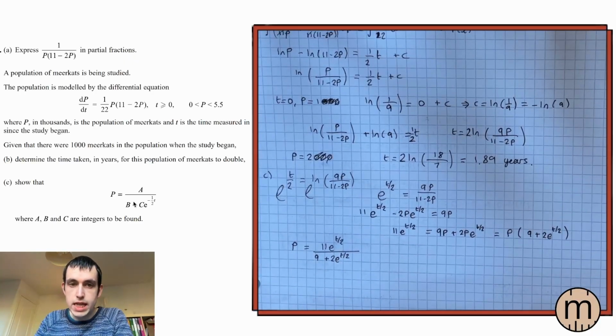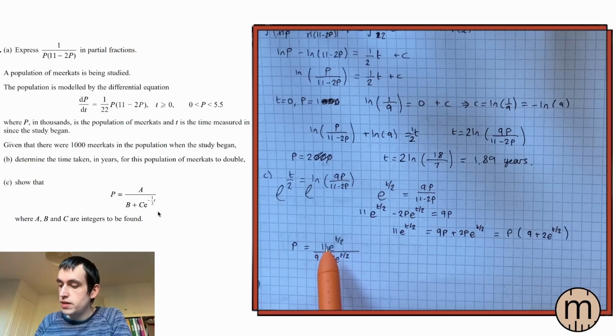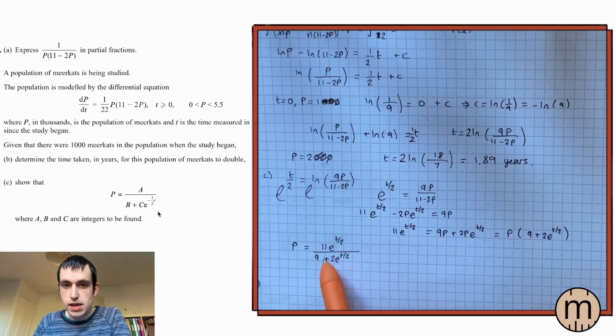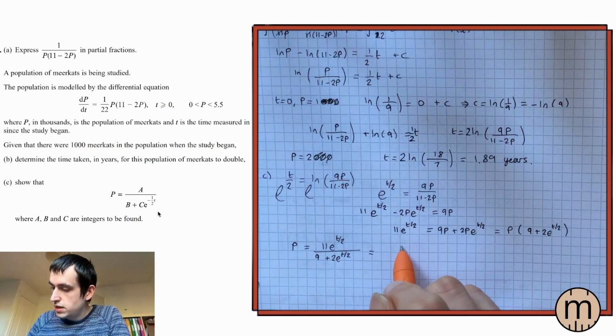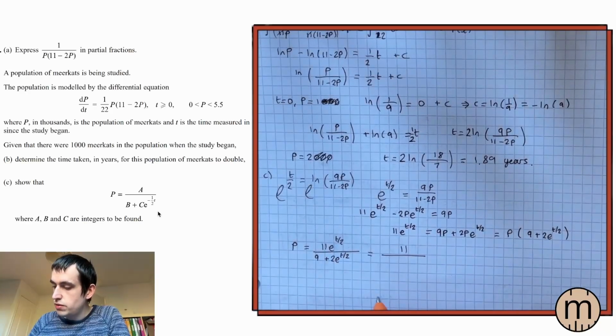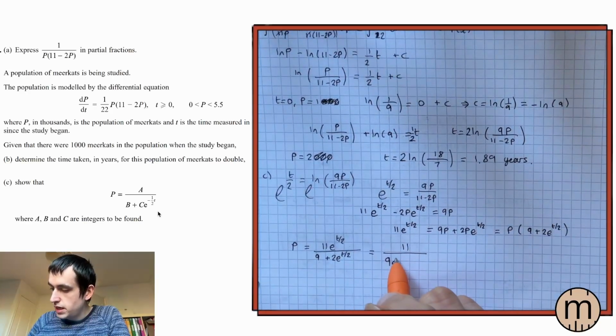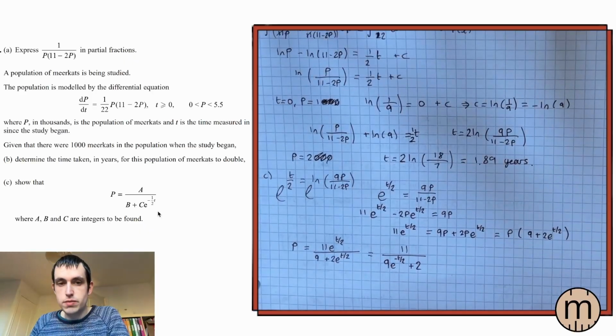It's not in the form given, but it's okay. How are we going to produce a power e to the minus? We're going to divide by this e. If we divide by e to the t over 2, it's going to disappear here, it's going to disappear here. We'll get e to the negative t over 2 over here. So divide by e to the t over 2, divide by e to the t over 2, and then divide by e to the t over 2.